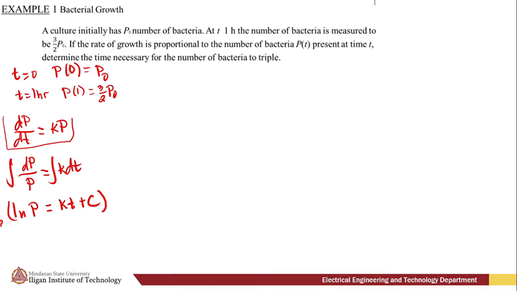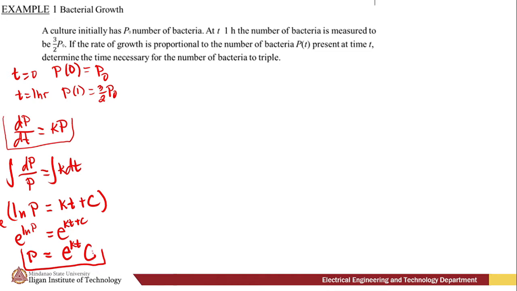Applying exponential to both sides, we have e raised to ln P equals e raised to kt plus c. Simplifying this, we have P equals e raised to kt times C, since e raised to c is just a constant. So this one is our solution for this differential equation.